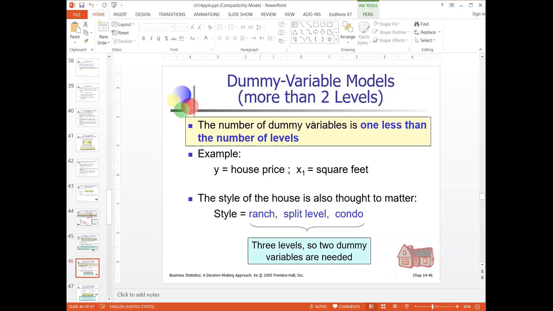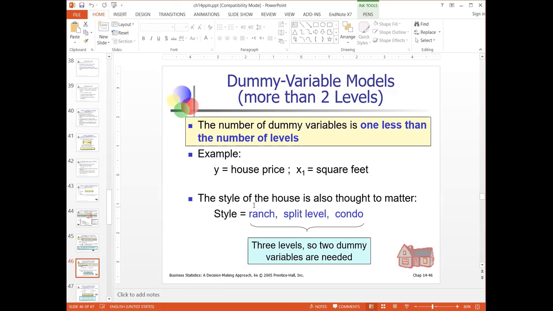So what will happen if there are more than two levels? Suppose we have a variable that is house price and it depends upon square feet area, and we add a new variable which is style. It is ranch, split level or condo. So it means there are three types. So we will make two dummy variables. And why two dummies?